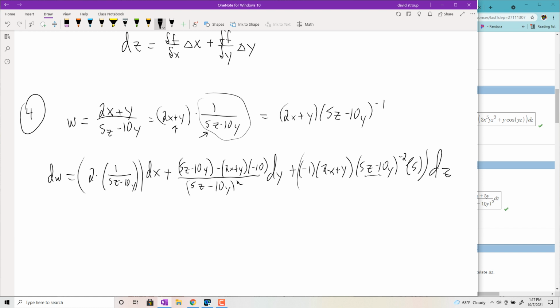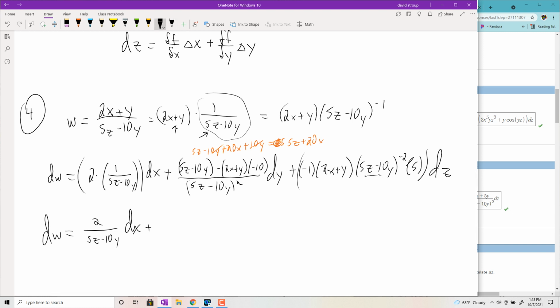Okay, so let's rewrite that junk for our total differential. 2 all over 5z minus 10y dx. All of this junk will be 5z minus 10y plus 20x plus 10y. So the 10y's cancel, and you get, oh whoops, 5z plus 20x in the numerator.